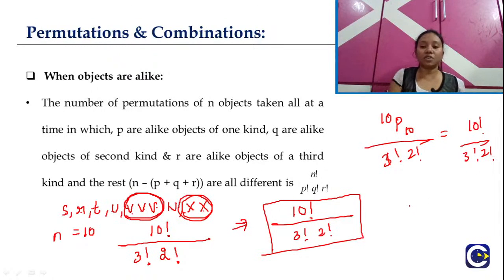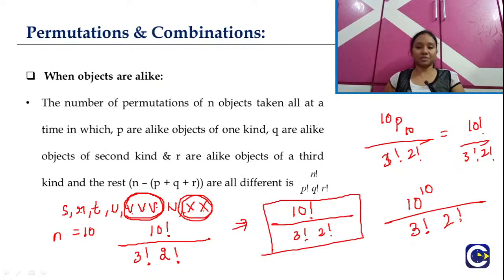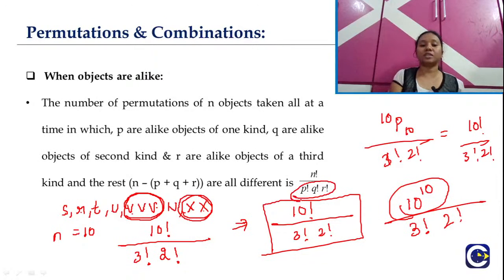If repetition is allowed, the numerator will be n power r, that means 10 power 10, and then the same division by the repeating kinds. So only the numerator changes between repetition and non-repetition. When repetition is allowed, n power r is the numerator, and when repetition is not allowed, nPr is the numerator, and whichever kinds are repeating are divided in the denominator. Right, so this is our other case, when objects are alike.